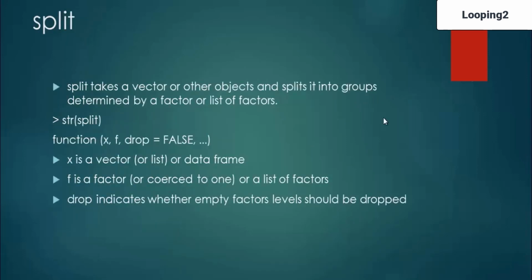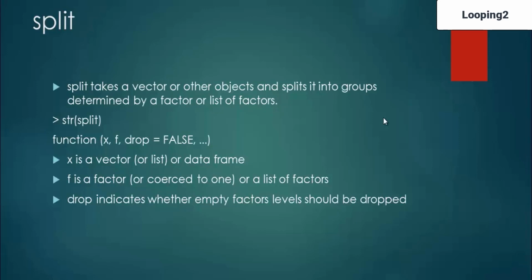Moving on, as I told you earlier, I will tell you about a specific function called split. What split does is it takes a vector or other objects and splits it into groups determined by a factor or a list of factors.